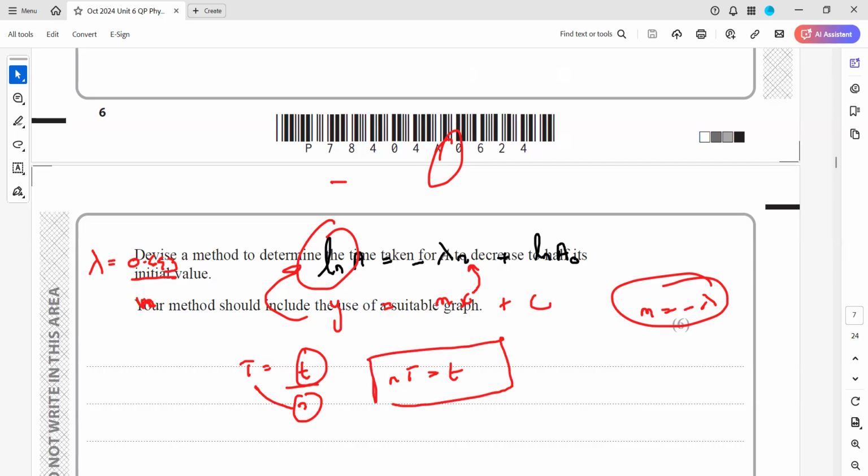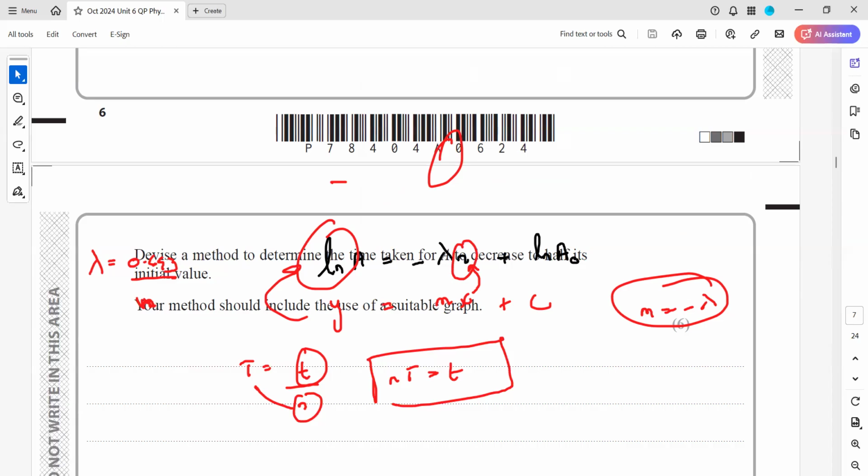So what I have to do is measure the amplitude of the oscillation, looking perpendicular to avoid a parallax error, and measure the amplitude for known values of n, like 20 oscillations, 30 oscillations, 50 oscillations.